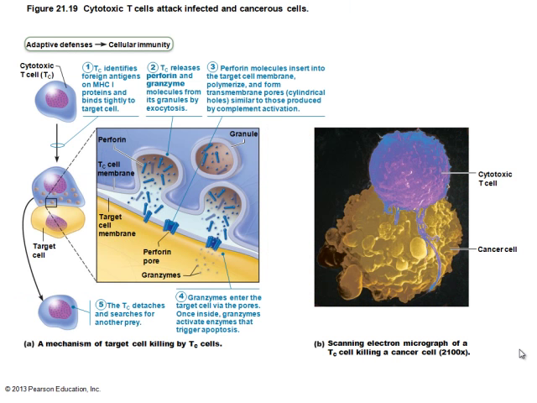Cytotoxic T cells also have a very important role because they're actually going to go actively kill off foreign invaders. So in this diagram, 21.19, we actually see a cytotoxic T cell killing off a foreign cell. In this case, it happens to be a cancerous cell.